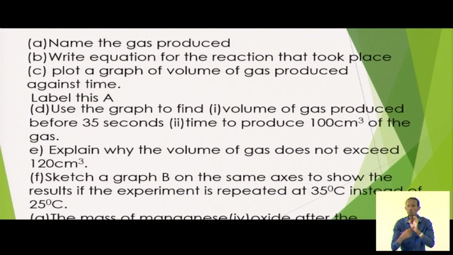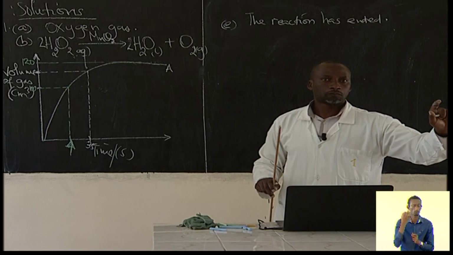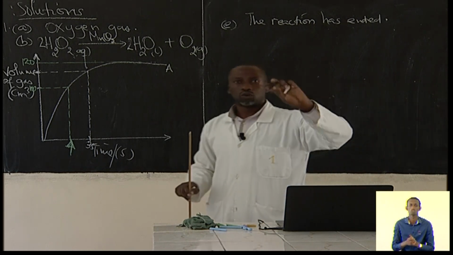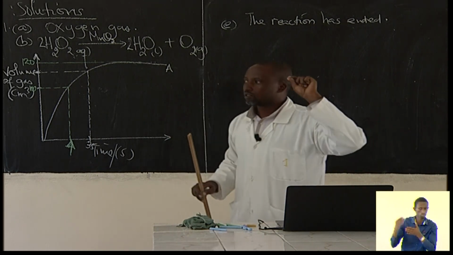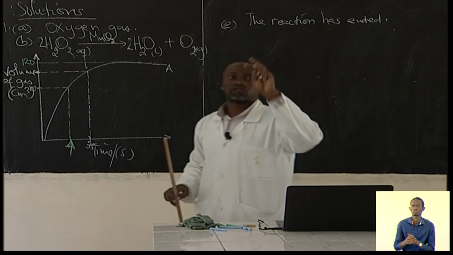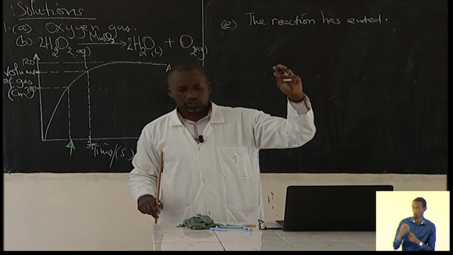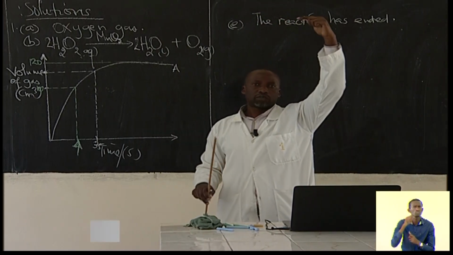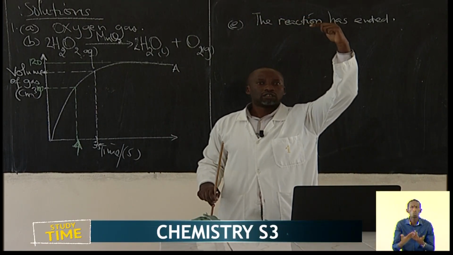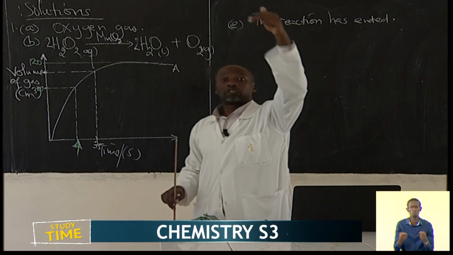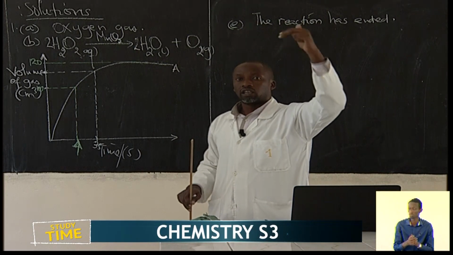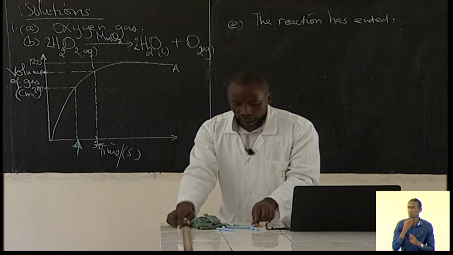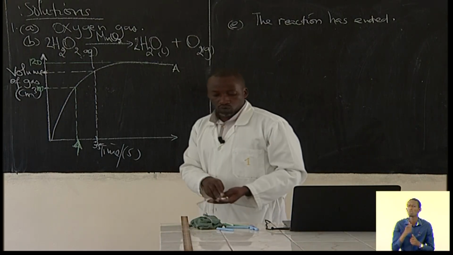That is the first graph that we drew. Now, assuming the temperature has been raised, what happens? The rate of the reaction would increase, and we would expect the graph to move.